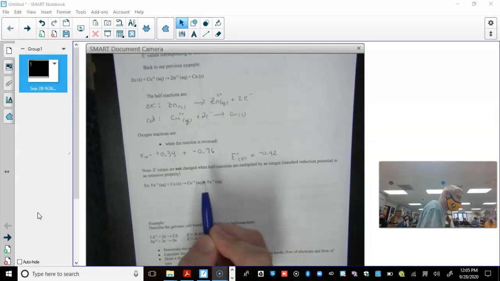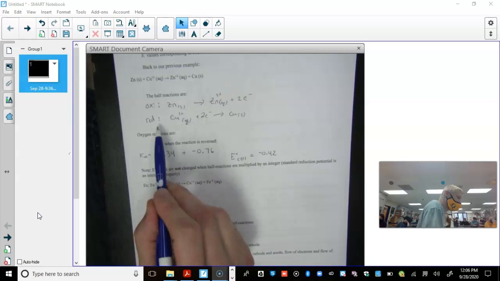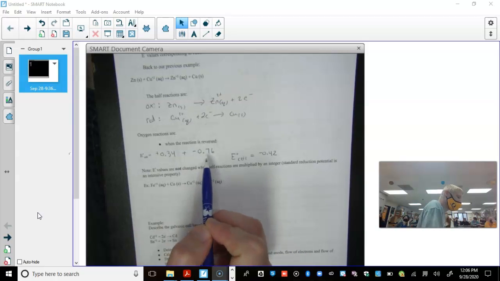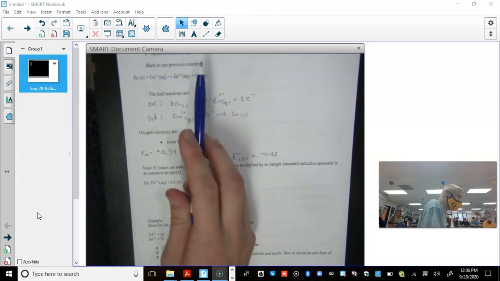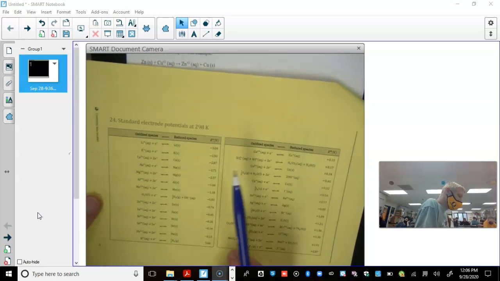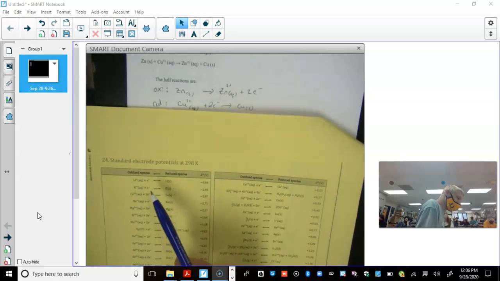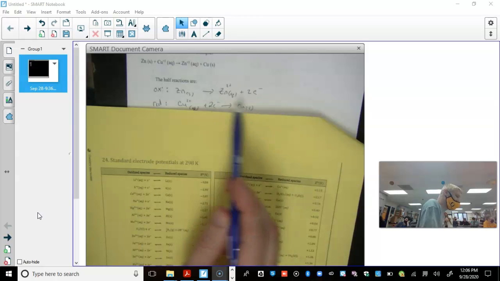So 0.34 was our reduction, and negative 0.76 would be the oxidation. But the way it's written, it needs to be plus 0.76, because here it's written as a reduction equation, and here it's an oxidation.